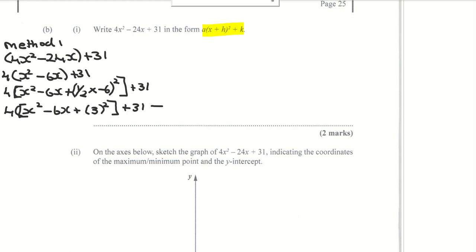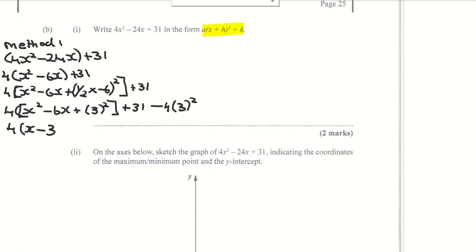But remember, we're multiplying 4 by everything in the bracket. So you're going to minus 4 open bracket 3 squared. Now I'm going to factorize my square bracket. When you're factorizing, the reason why you did a half multiplied by 6 and squared it is to make this a perfect square, where it'll be x minus 3.